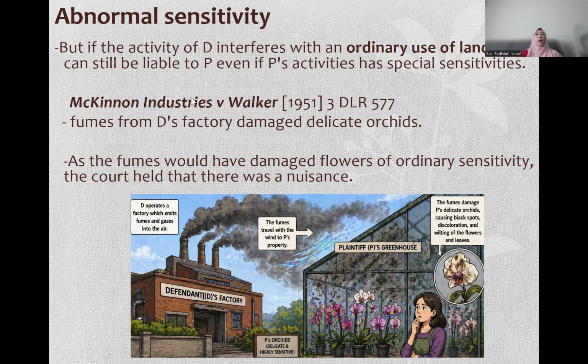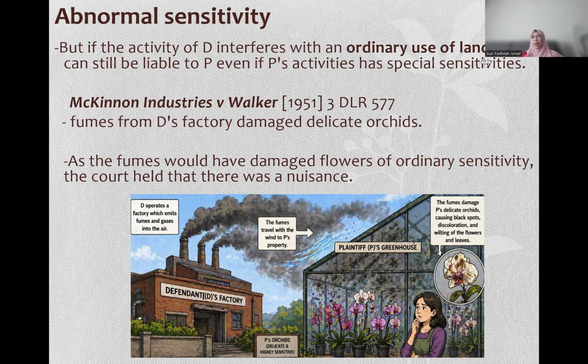So the rule that we extract here: if the activity of the defendant interferes with the ordinary use of land, the defendant can still be liable to the plaintiff even if the plaintiff's activities have special sensitivities. The case is McKinnon Industries and Walker. Fumes from the defendant's factory damaged delicate orchids.